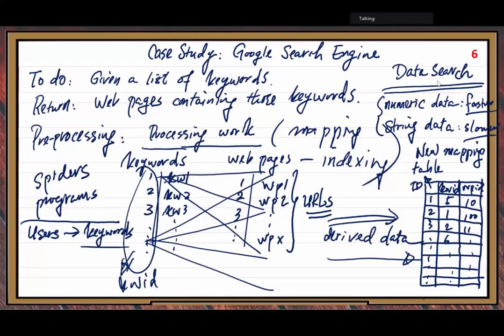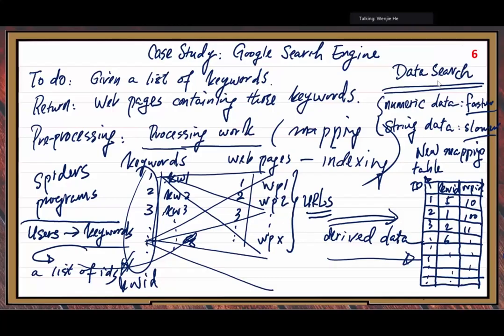All right. Then, so the list of keywords. First, we go to the keyword table to get a list of IDs, numeric values.